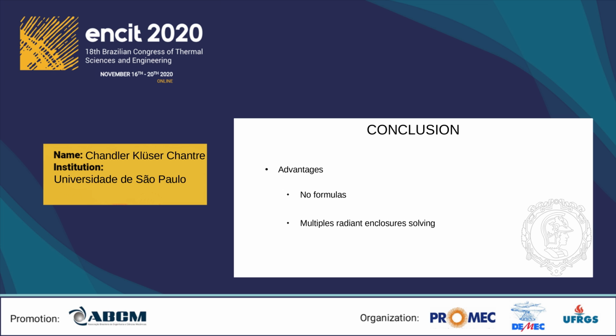We presented an alternative formulation to solve radiative systems. Its advantages over the electrical circuit method are: there is no need to apply electrical circuit formulas to solve the problem, and the method can be applied when there is more than one enclosure in the radiative system.